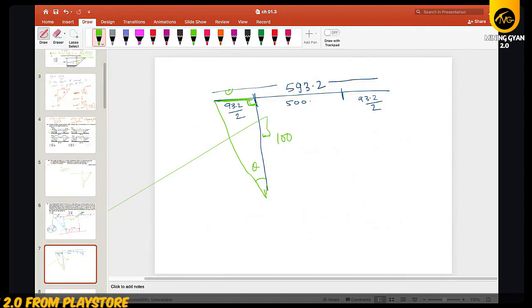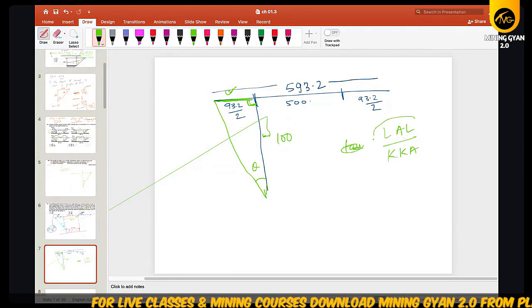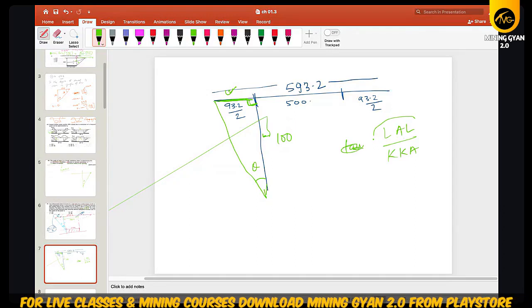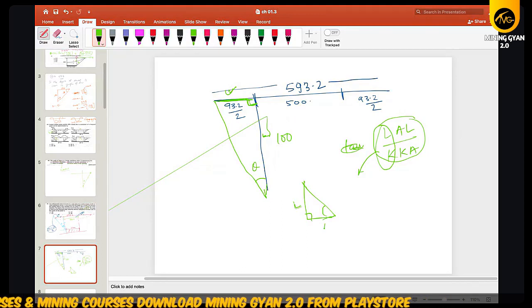Right angle triangle, so if it is a right angle triangle we know lal kakka. English medium students know how to mug up in the 10th class how to solve tan, sin, cos, theta. In Hindi, we have studied that this is lal kakka. So, lump by kern. If this is your right angle triangle, this is your lump, this is adhar, this is kern.